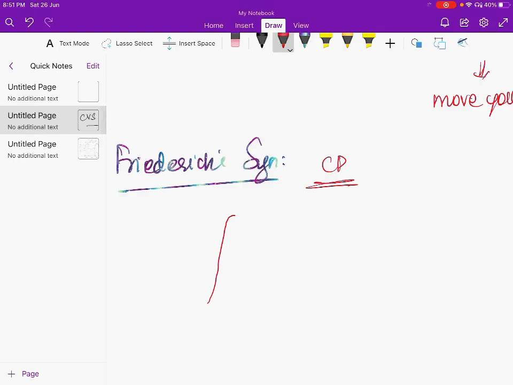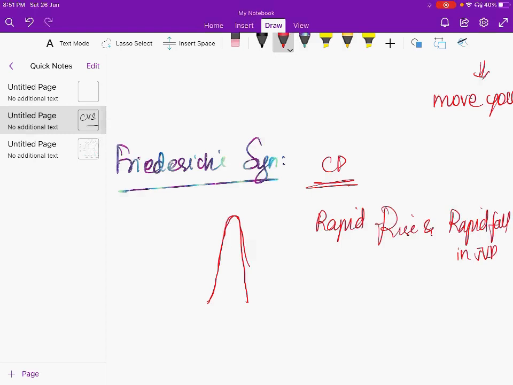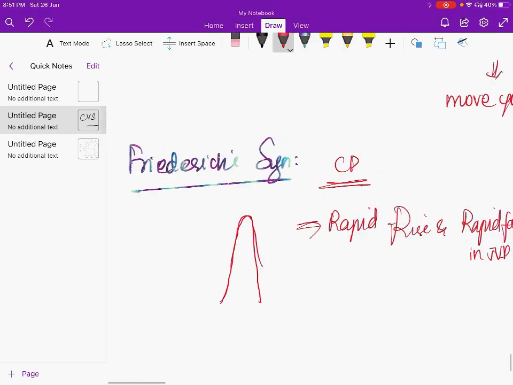There is a large V wave and there is a rapid Y descent. Why does this happen? Because your RA and RV are very stiff that they cannot accommodate the blood. So there is rapid rise and rapid fall in JVP. So this is nothing but Friedreich sign.